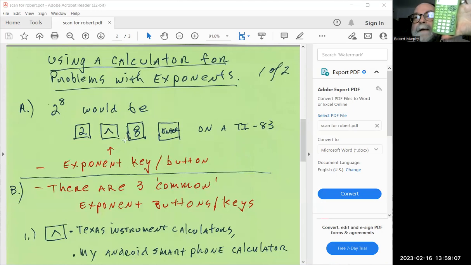I'm not going to bother trying to do it on here because the glare and lighting are driving me nuts. So 2 to the 8th: the caret, 8, and then the equal, which on this calculator is the enter button.